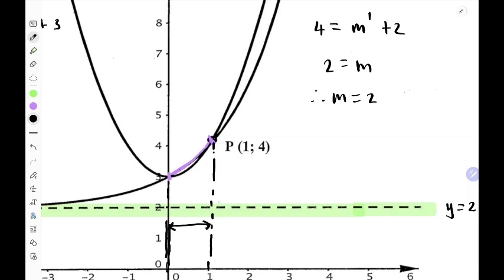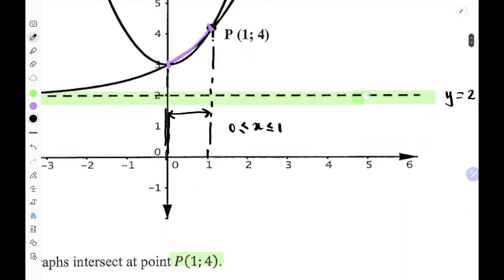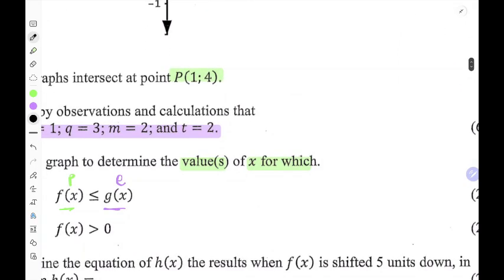So g of x is greater than or equal to f of x when x is smaller than or equal to 1 and x is greater than or equal to 0. So we can just note that there.